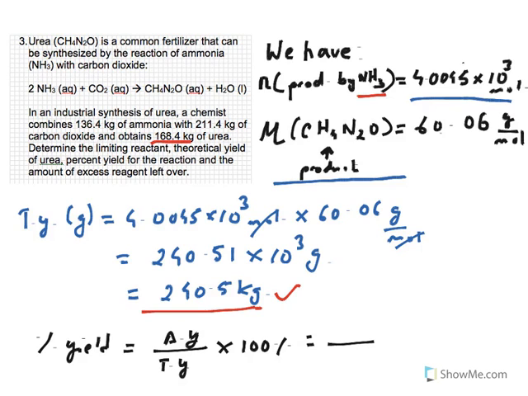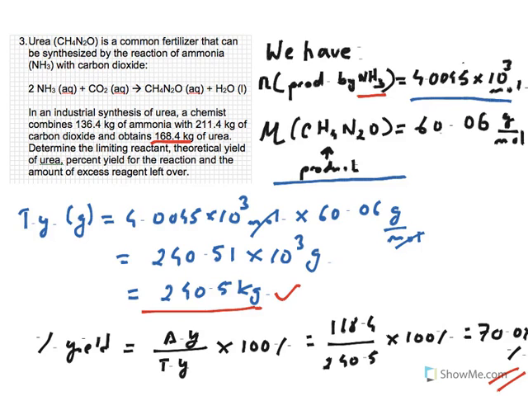So we will have 168.4 over 240.5 multiplied by 100%. And this will give us 70.02%. Now that is our percent yield.